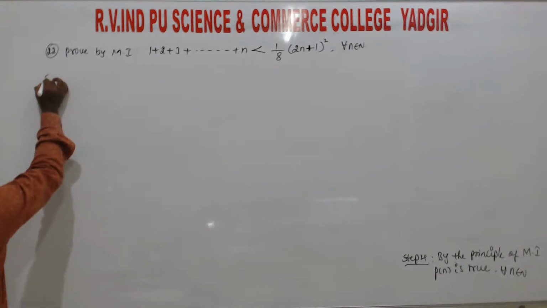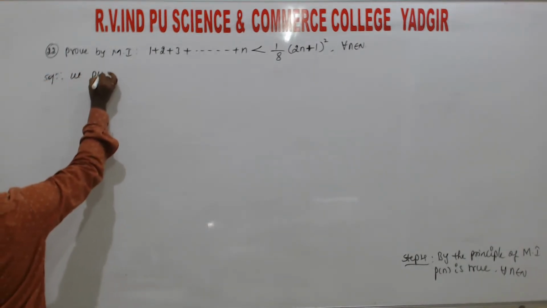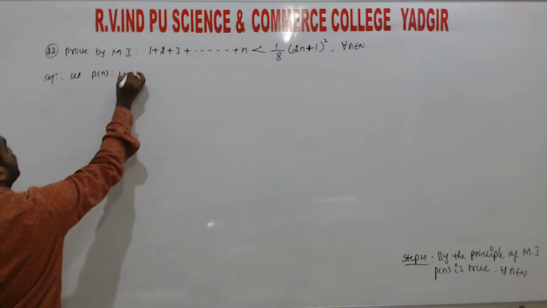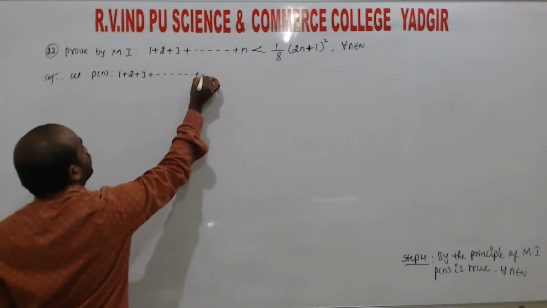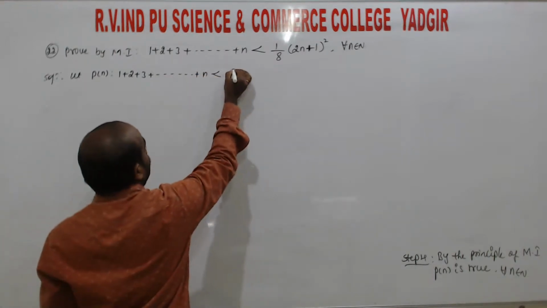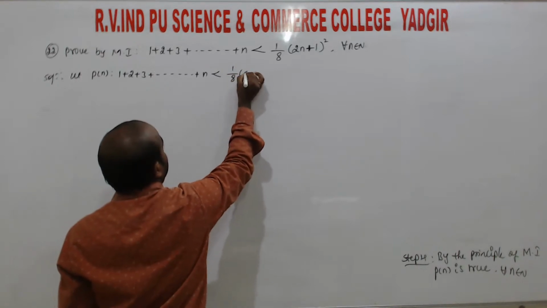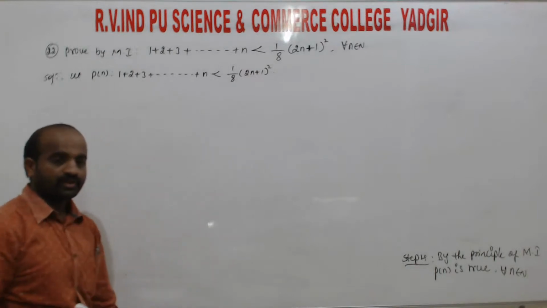Check. First solution. Apply the given statement P of n: 1 plus 2 plus 3 and so on n is less than 1 by 8 into 2n plus 1 whole square.